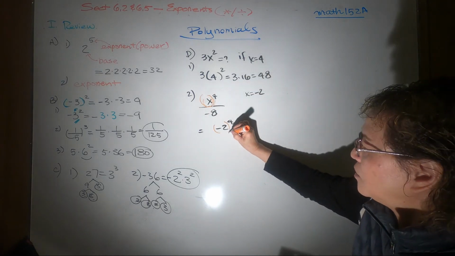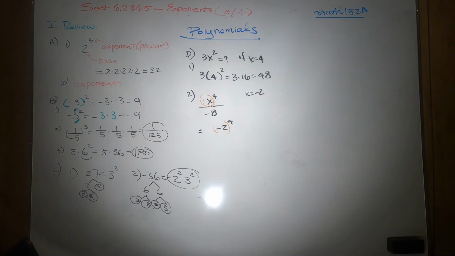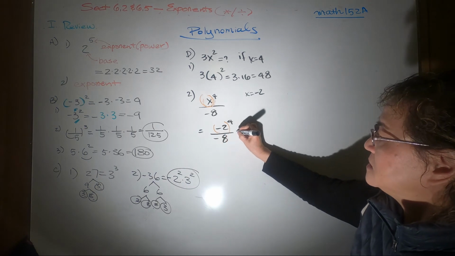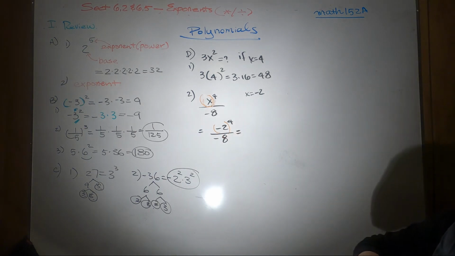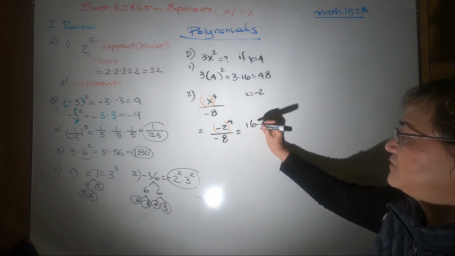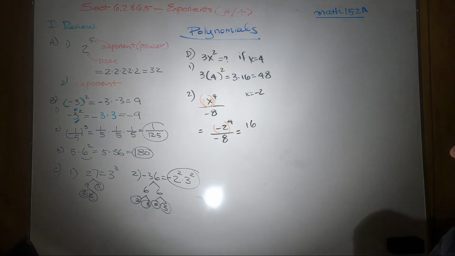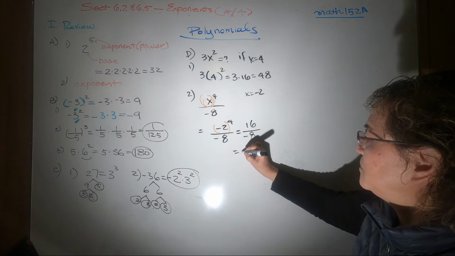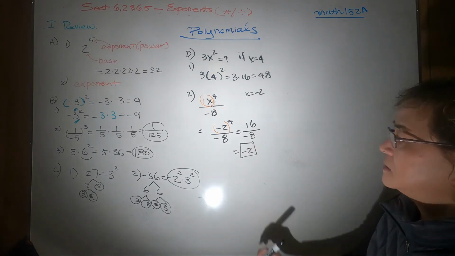Otherwise, your sign will not be correct, right? Then divided by negative 8. So that will be negative 2 to the 4th, multiplied by itself. It's positive, right? An even number of negatives would be positive. So divided by negative 8, that would be negative 2.